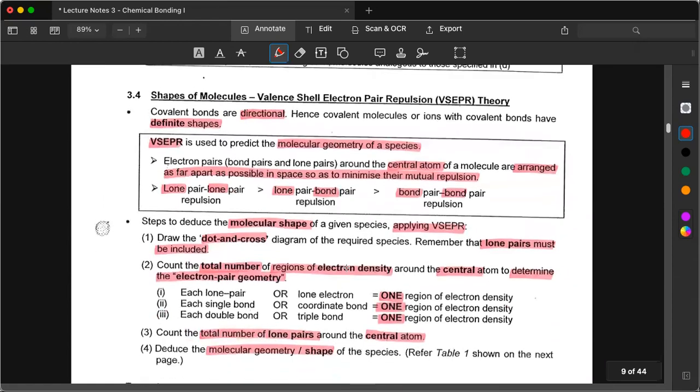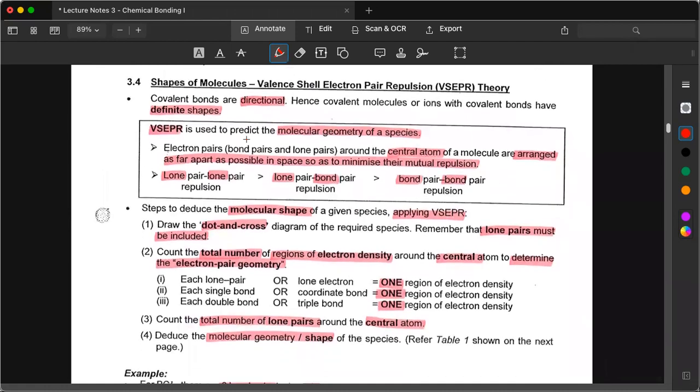Now, we are going to talk about VSEPR, valence shell electron pair repulsion theory, which explains shapes of molecules. Covalent bonds are directional, so molecules or ions with covalent bonds have definite shapes. VSEPR is used to predict the molecular geometry of a species.